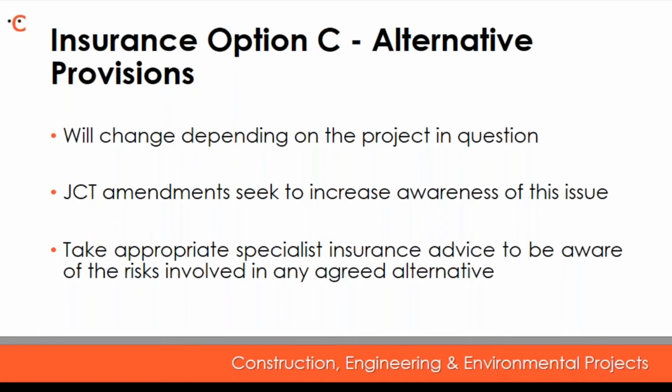Really, if you are getting into a project of this nature, you should be getting advice prior to the tender stage. Have that advice in place early, and if you are in fact the tenant employer in a scenario such as this, you should really be consulting with the landlord and knowing more about their insurance provisions fairly early on.